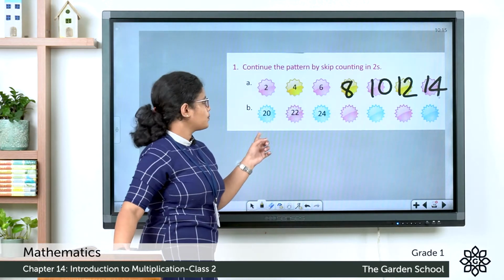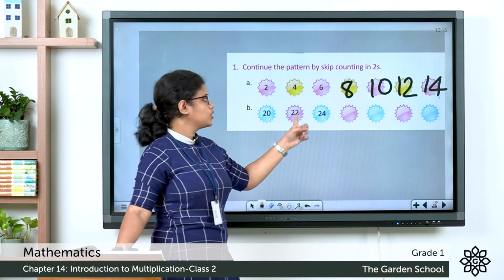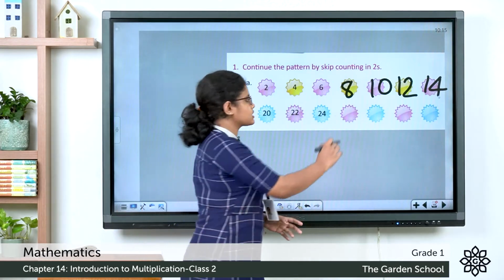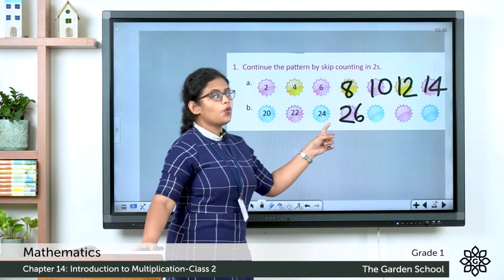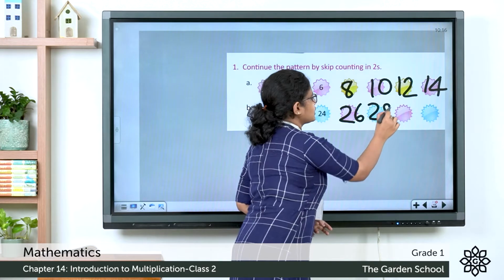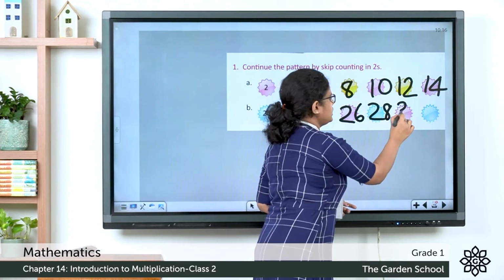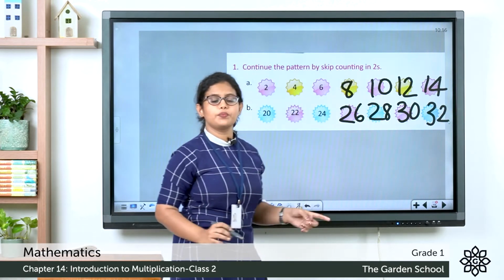What about the next one? 20, 22, 24. What comes next? 26, skipping one number. 28, then 30, 32. So skipping one number at a time.